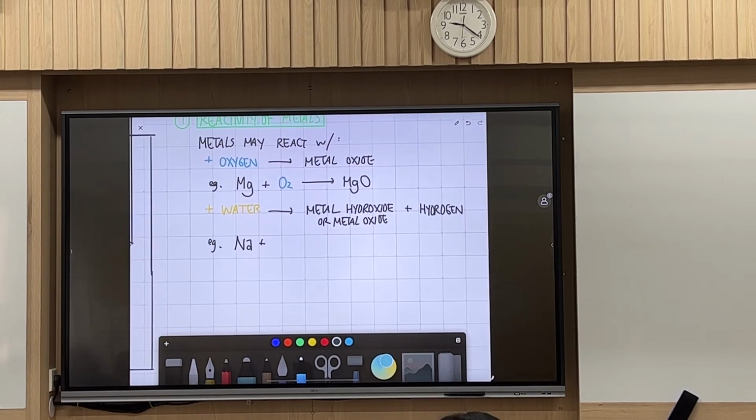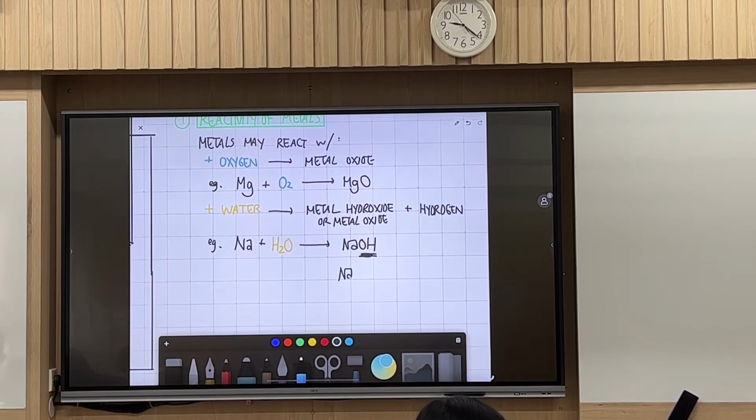So when sodium reacts with water, it forms sodium hydroxide. So you recognize the OH? So why is this NaOH? Why not Na2OH? Why not NaOH2? Because Na is from group 1. What does being a member of group 1 mean? What is the charge of something from group 1?